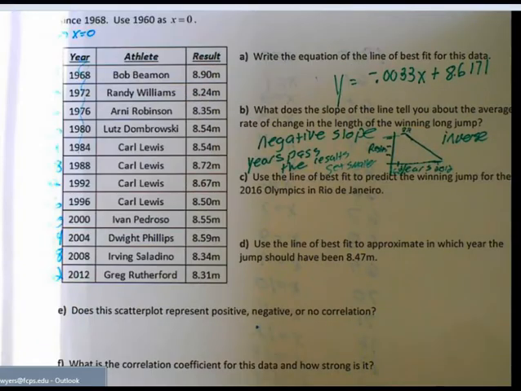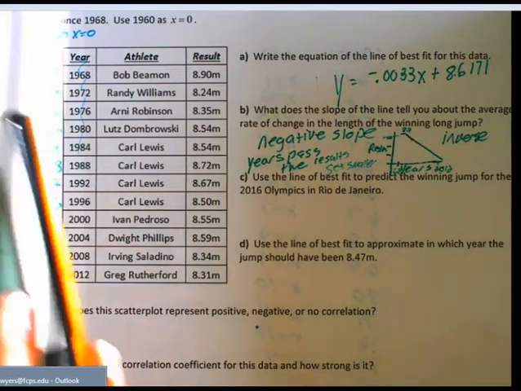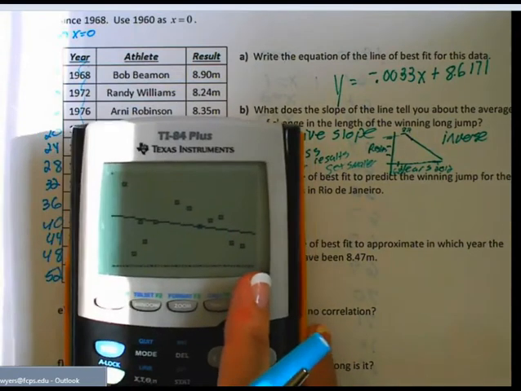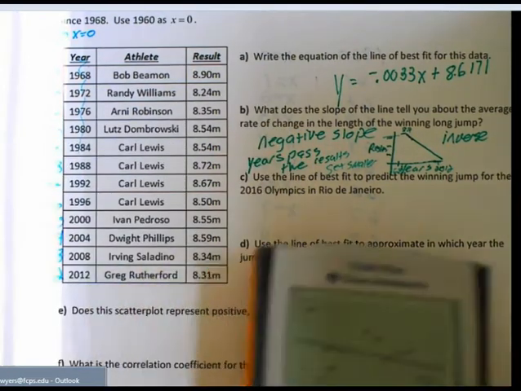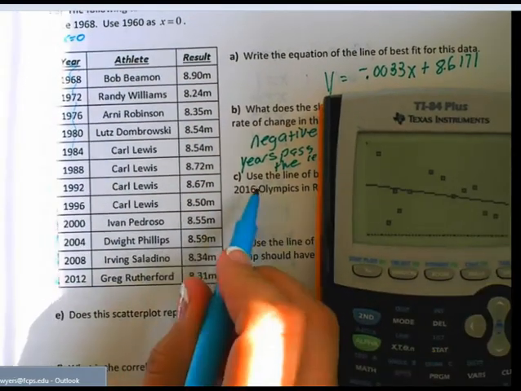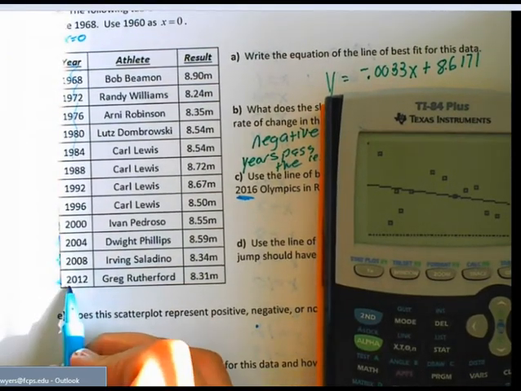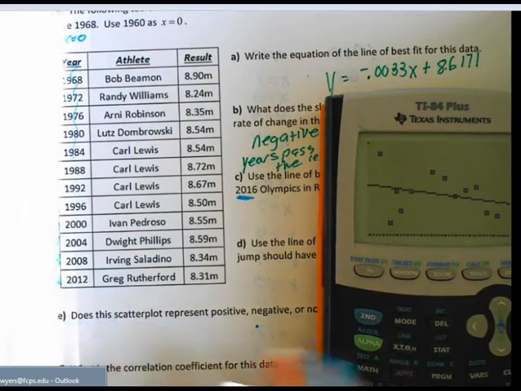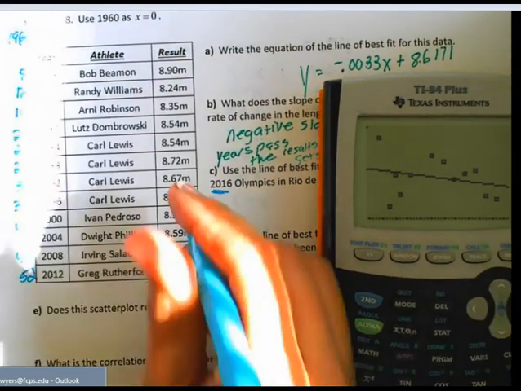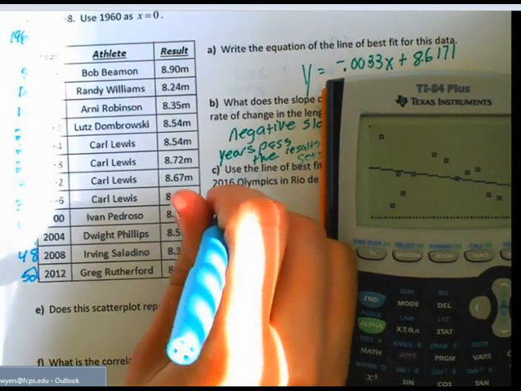The next one says, use the line of best fit to predict the winning jump for the 2016 Olympics in Rio de Janeiro. We need to look to see where 2016 is. You could do this a number of ways. First, we have to figure out what our x value is in 2016, which is x equals 56.